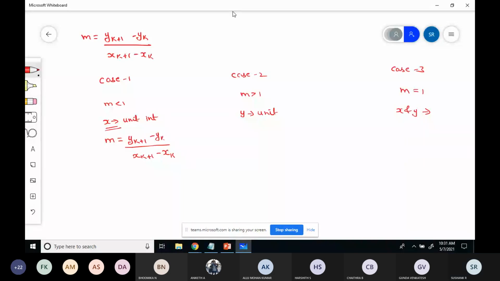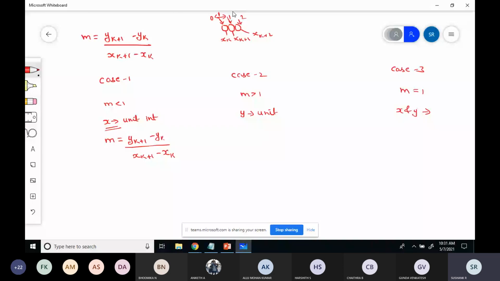I told you that pixels will be arranged like this: 0, 1, 2, like that. This will be xk, this will be k plus 1, this will be k plus 2. What is the difference between them? Only 1. It is moving with an increment of 1 value.